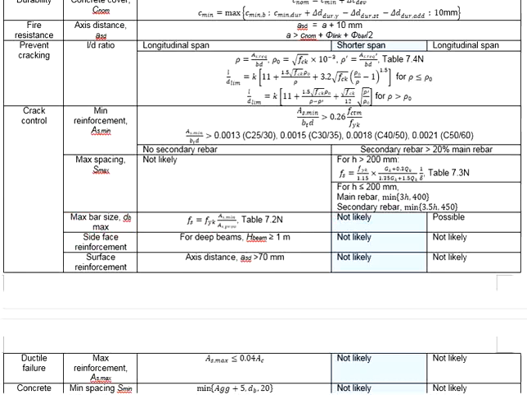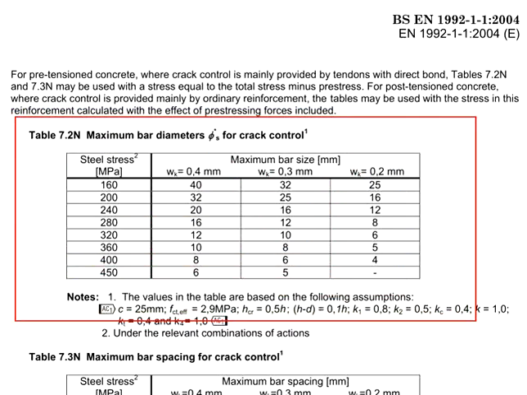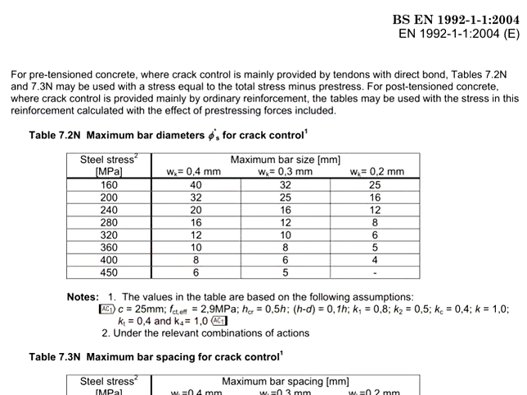The maximum bar size is another serviceability requirement used to control cracking. To determine the maximum bar size, you may refer to table 7.2N in Eurocode 2. Similar to the applications of the maximum bar spacing, you will need to determine the stress in the reinforcement.